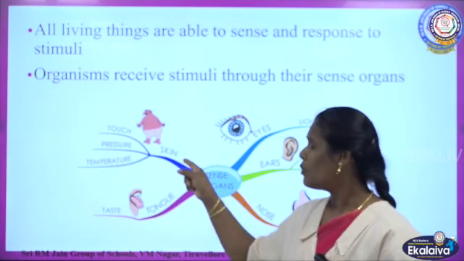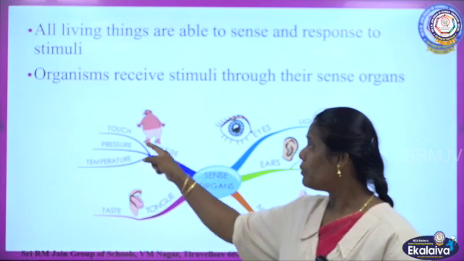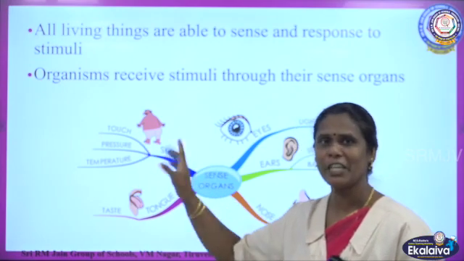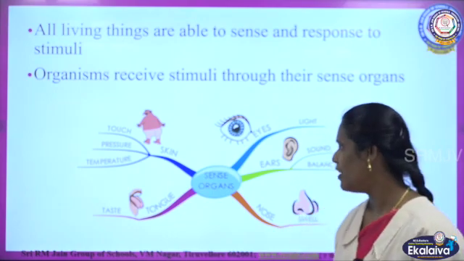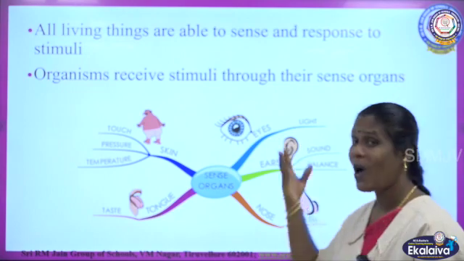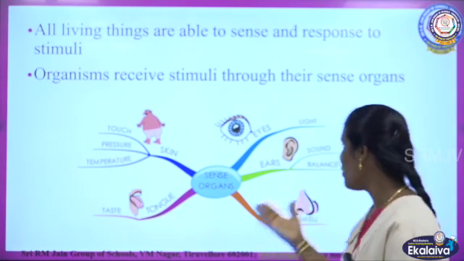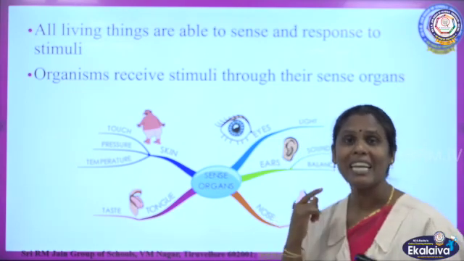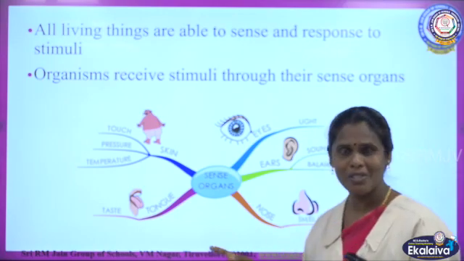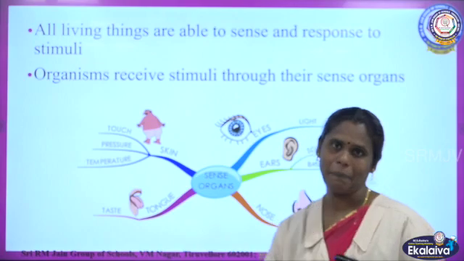Through skin we are able to sense touch, pressure, temperature. Through the tongue we taste. Through eyes we see. Through ears we can hear sound and keep balance. Through the nose we can smell.